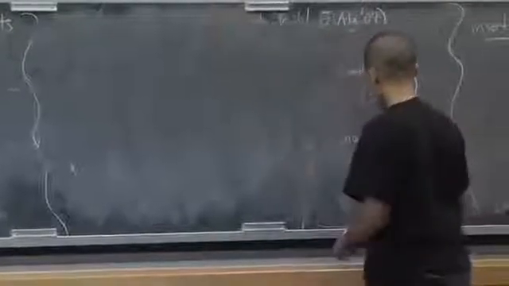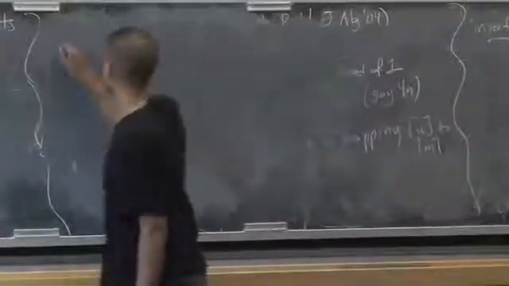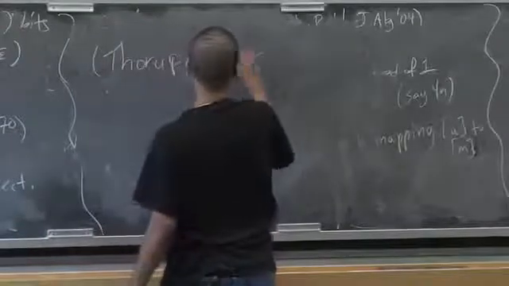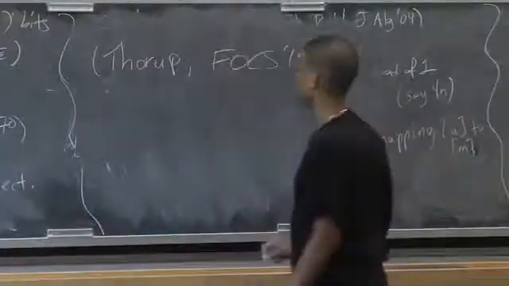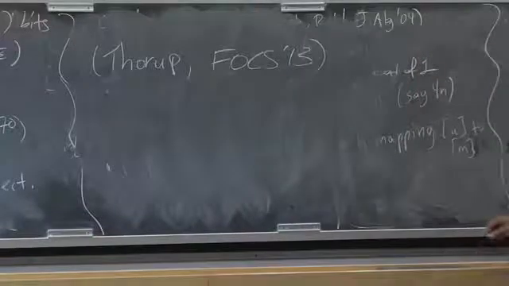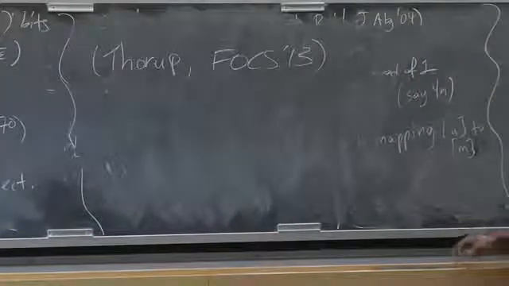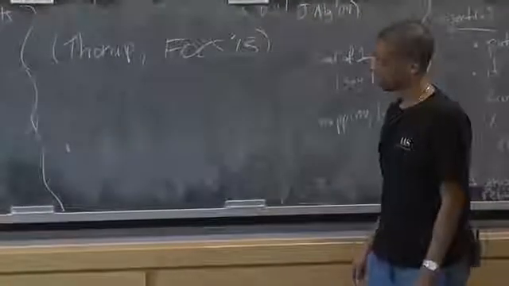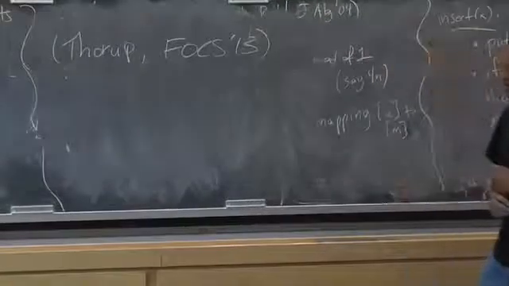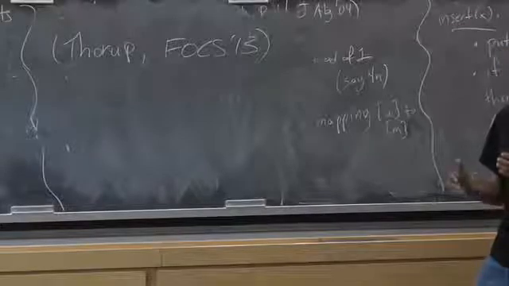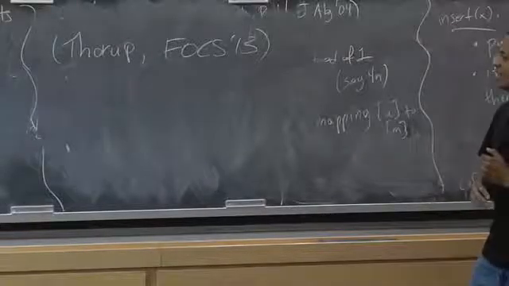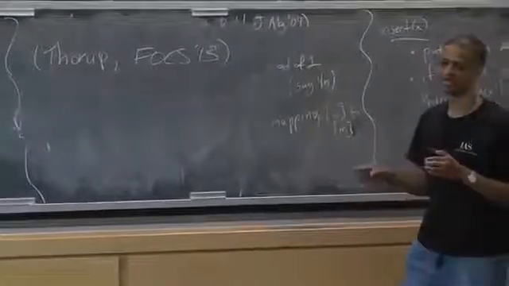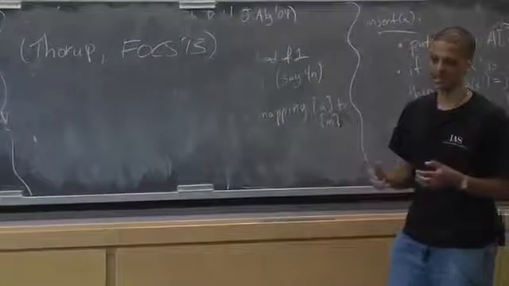I'll write a reference. It's a very recent paper. You can look up Thorup in FOCS 2013. He shows how to construct very fast k-wise independent families using tabulation. Another thing is, if you choose primes carefully, then the mod and division operations can be bit shifts, which are very fast.